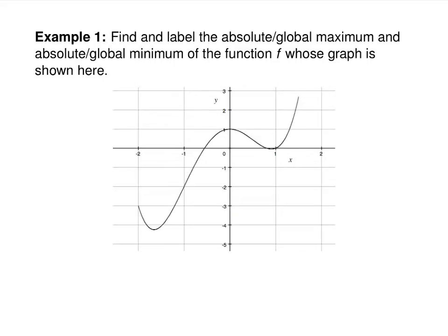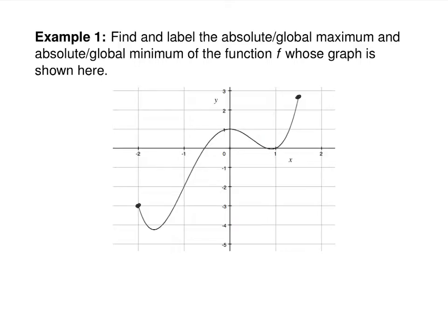Okay, so this picture I created on my computer, but I meant it to have closed dots there and there, like actually filled in dots. We can talk about how it would be different if there were open dots at those points. So find and label the absolute or global maximum and the absolute or global minimum.